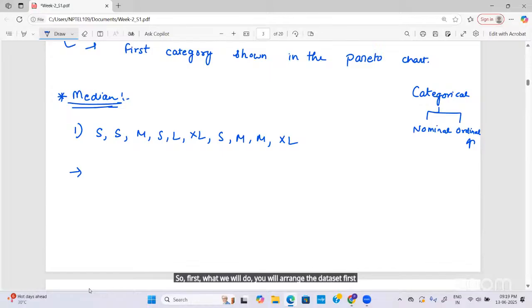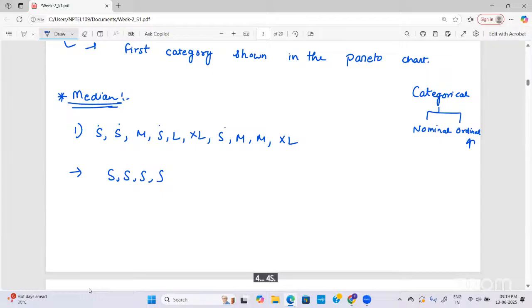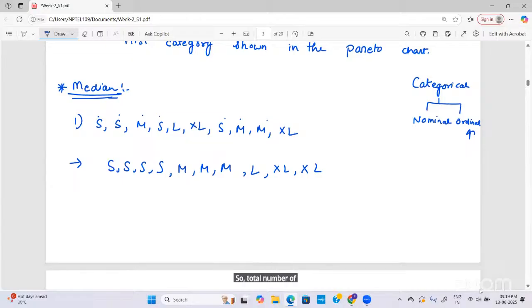There are 4 S, so 4 S. Then we have medium, 3 times. Then large, we have 1 time only. Then we have XL 2 times. So the total number of observations is 10 here.